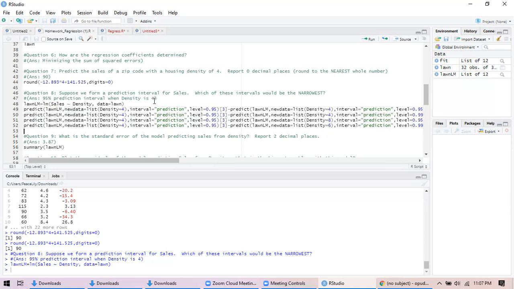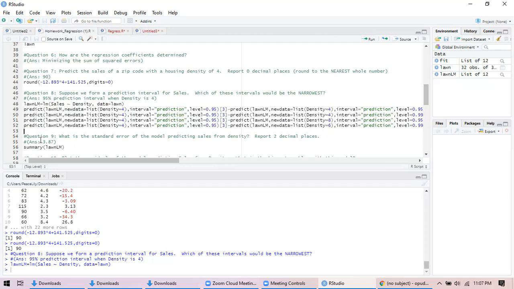Every time you predict something, you're also given the level of your confidence interval, which is 95. And then it gives you one of your predictors, so you can predict your response, which is the sales.